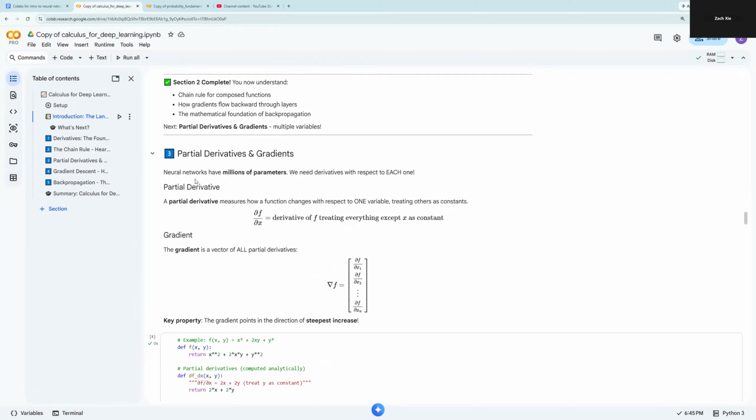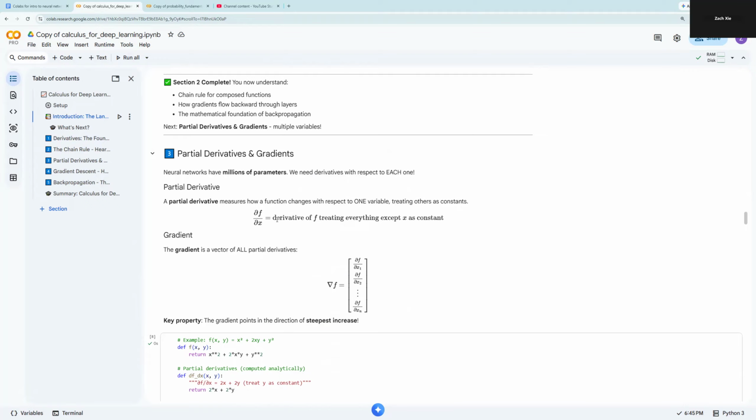Well, let's say in 3D, we have three axes, meaning that we can go three directions. And a partial derivative means, for a function or a vector at that point, its derivative with respect to each of the axes, each of the dimensions. So this is basically what this is talking about.